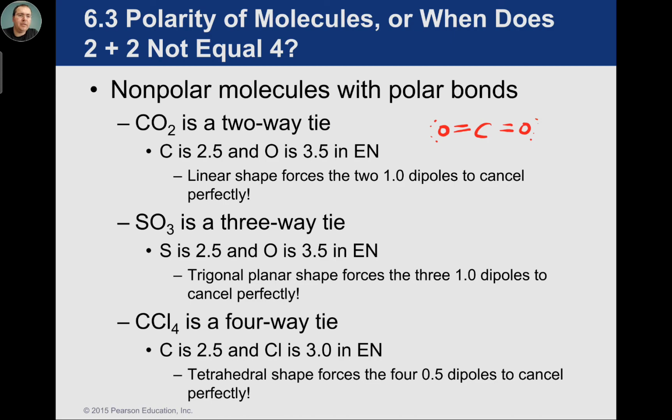The reason that there's a 2-way tie is because if you pull from carbon to oxygen equally, left and right, this is 3.5, 2.5, 3.5, and that's a 1.0 to the right, it's a 1.0 to the left, and that's a perfect tug of war that nobody wins. So when that happens, it's a 2-way tie, and you end up being nonpolar.